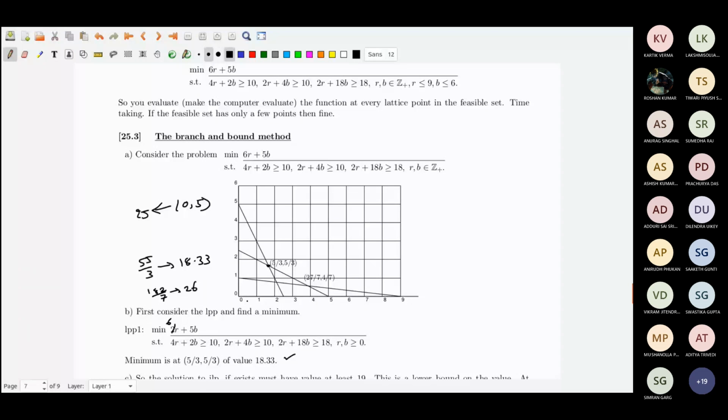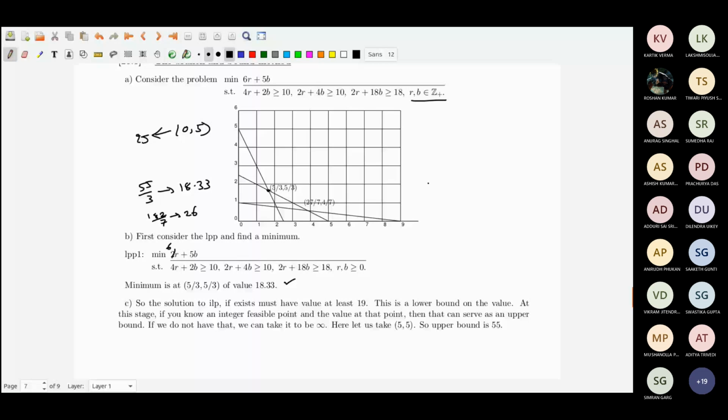The condition that R and B should be non-negative integers, R and B belonging to Z plus, meaning integers greater than or equal to 0, is now relaxed to R, B greater than or equal to 0 real numbers. That is the LP relaxation. Once you solve it, you get a minimum cost solution for the LP relaxation.